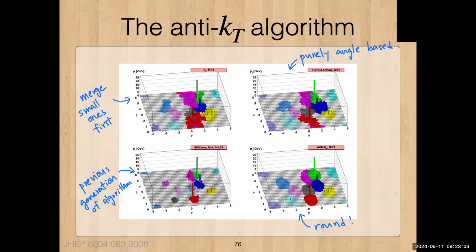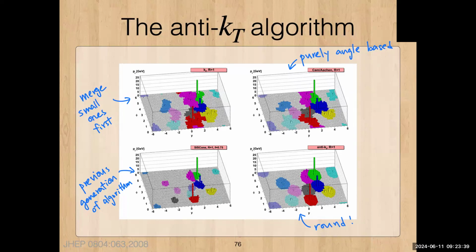Here are some examples of one collision event clustered into jets. On each of these plots, it's the same event. We have particles, shown by azimuth angle and rapidity, and the height is the pT of the particle. There are a lot of minor particles that you don't really see here, scattered everywhere. Here's one example of the KT clustering, where each color is one jet.